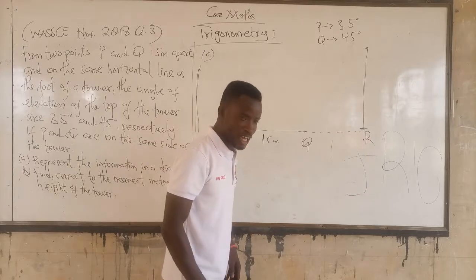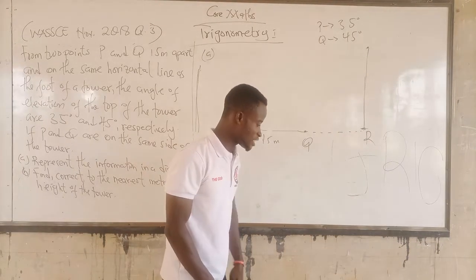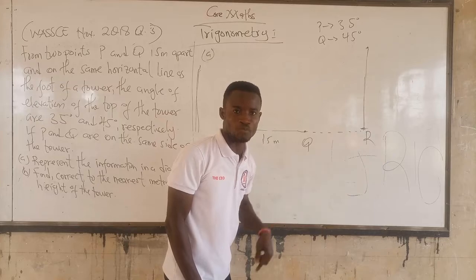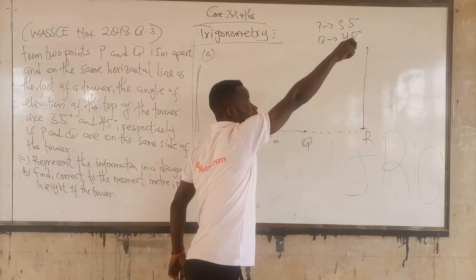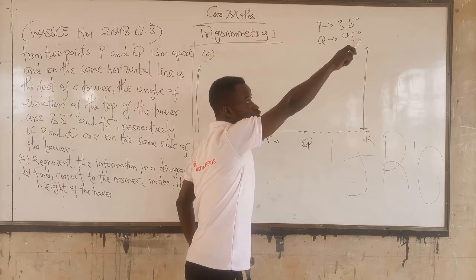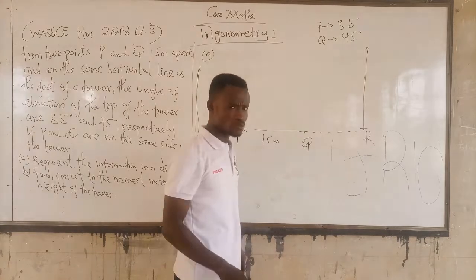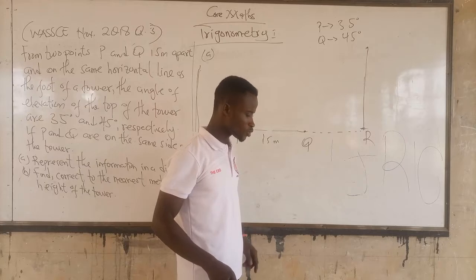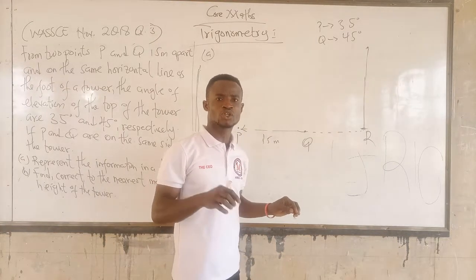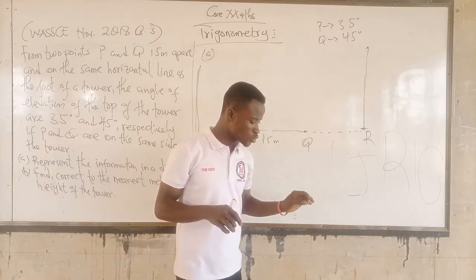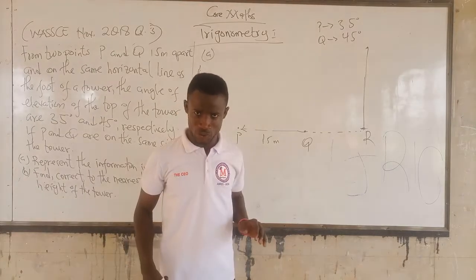Assume that the first observer is here and the second observer is here, which are called P and Q. And we are to look at an angle of this. Okay? And we are to look at an angle of this. Now, question: the two of us, who is going to observe the larger angle?